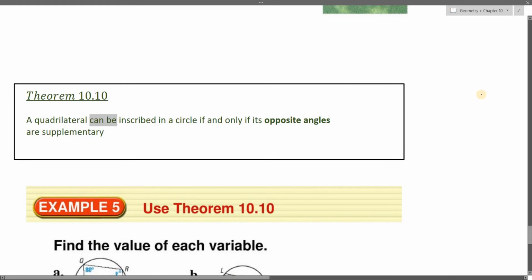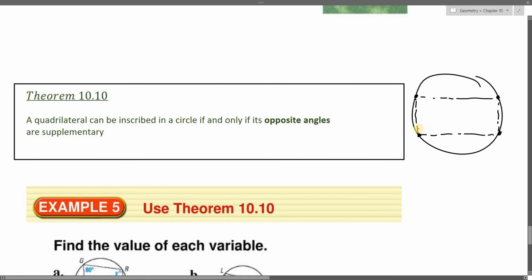So just as an example, here's your circle, and again it's inscribed, but let's just pick one of the easiest ones. Here is a rectangle, and so we draw our lines, the chords that make this up. It can be inscribed within the circle if and only if its opposite angles, so here's X, here's Z, are supplementary.